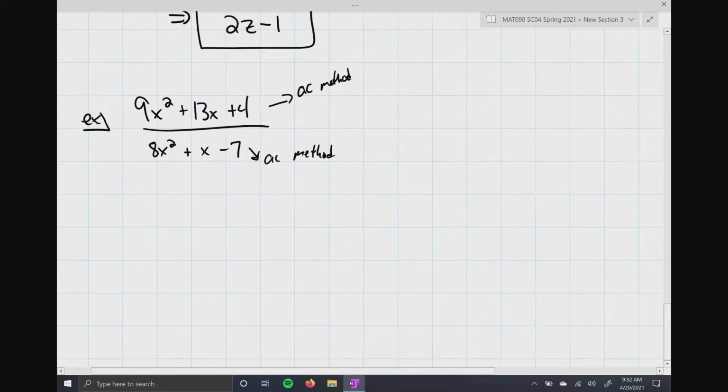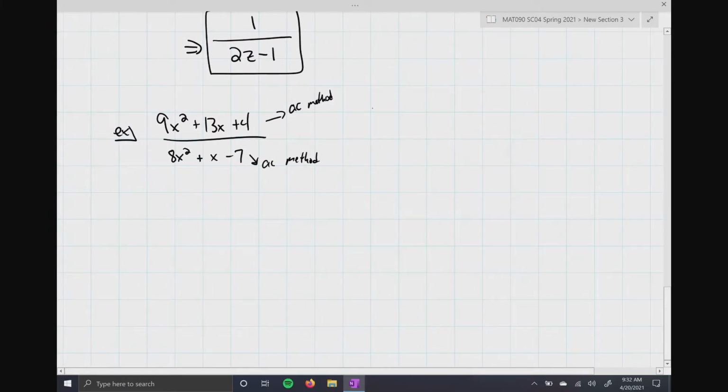What I'm going to do is draw a nice line and just put my scratch work to the right. All right? Now, here's what's nice. We already have a method on how we do this. And like I said, I'm going to go a little bit quicker.